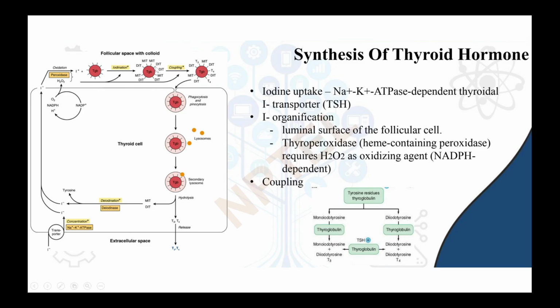The tyrosine residues present on thyroglobulin get iodinated, and then coupling starts. Two molecules of diiodotyrosine together can form T4, that is thyroxine. One molecule of MIT and one molecule of DIT can form T3, that is triiodothyronine.